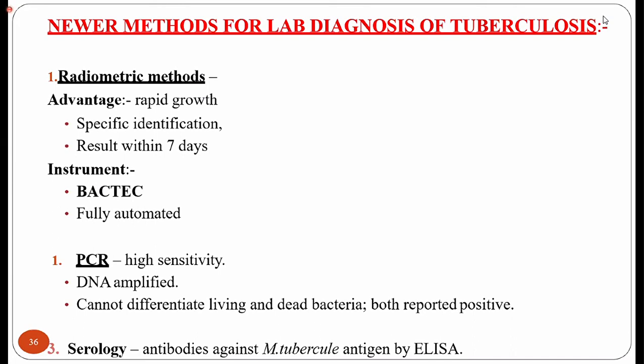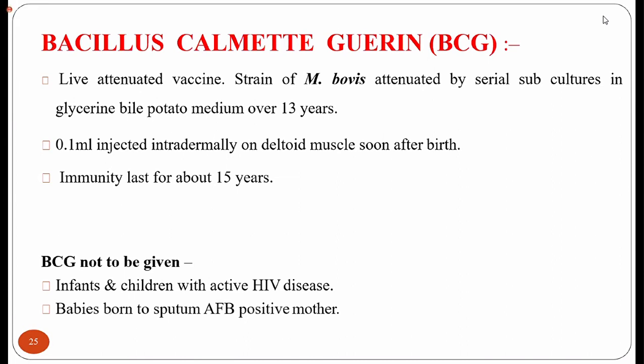We have a fully automated machine, and you can identify TB within a few days rather than waiting weeks. Unfortunately, this is not available in all hospitals, but at least the message is that there are new machines. And of course, we use PCR, and we do some serology with antibodies against TB.